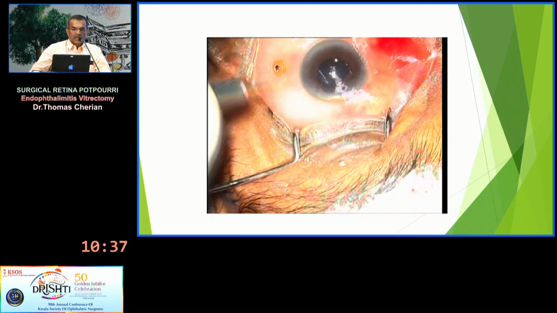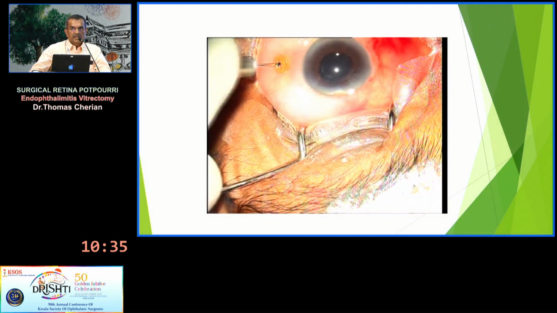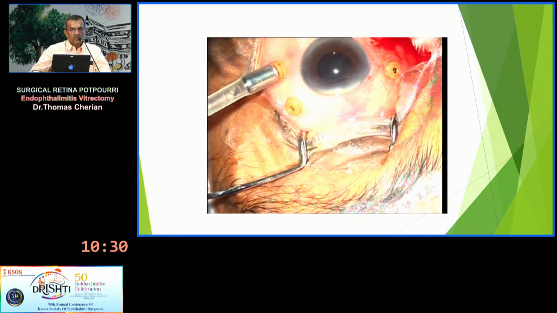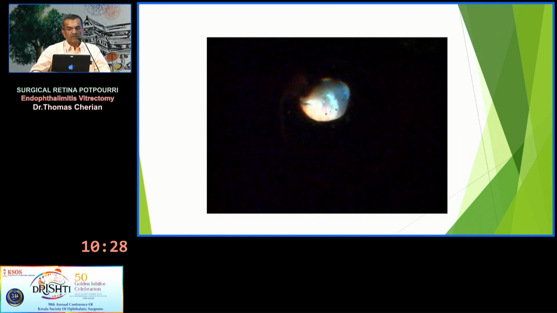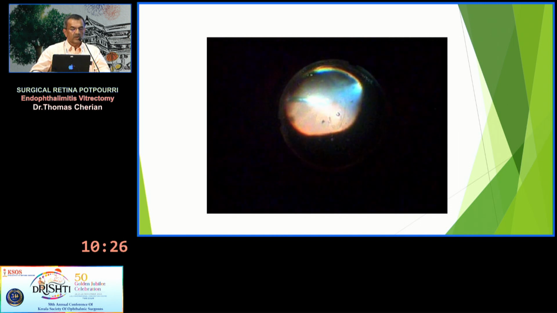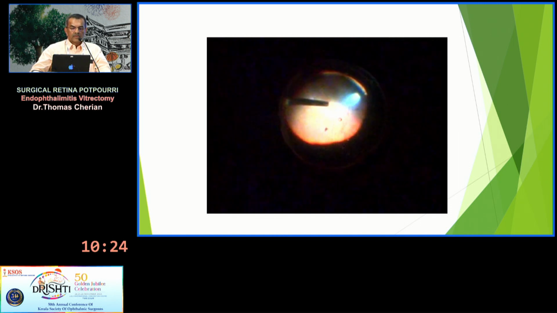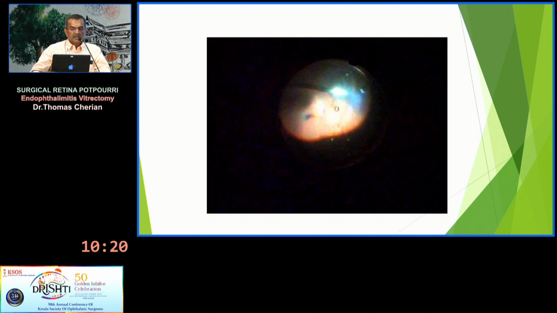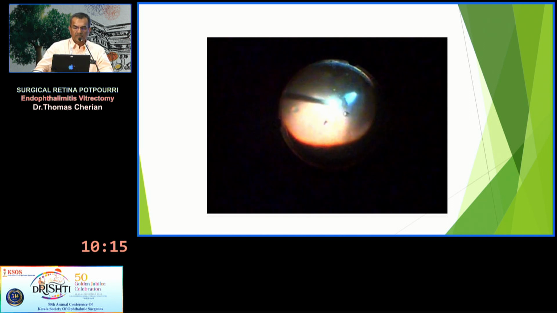Low-grade endophthalmitis where the patient presented with 1/60, injected intravitreal antibiotics, waited for a week, it improved up to 6/60. Again for a week, it didn't improve beyond 6/60, so I decided to go in. So here the vitreous doesn't have that much of exudates, but it's not a clear vitreous. The procedure is essentially the same.